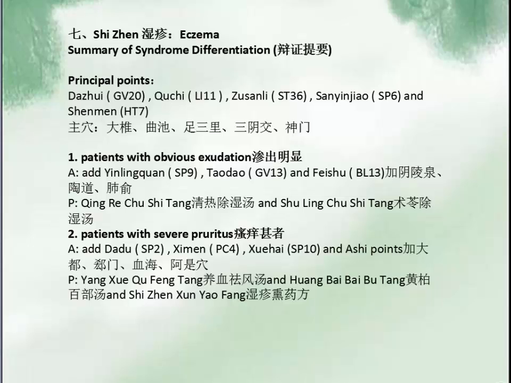Specifically PC4 and Spleen 10 have a stronger action on clearing heat from the blood, which is not the first thing that I think of with severe pruritus, but it is true that blood heat can also agitate or stir wind. But the symptom of severe itching means that there's wind predominance.